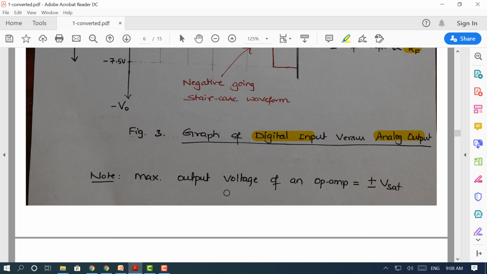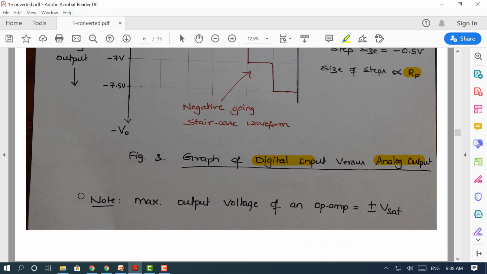One should also note that the maximum output voltage in this circuit should not exceed plus VCC and minus VEE, almost equal to plus or minus VSAT. So while designing a digital to analog converter, one should ensure the output voltage of the op-amp does not exceed plus or minus VSAT.